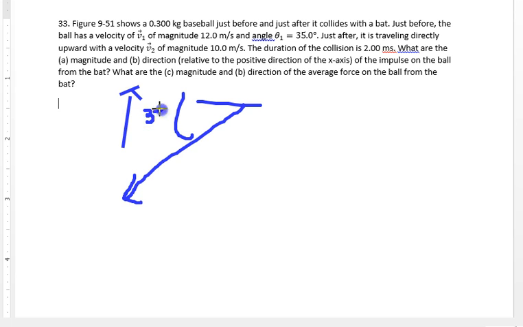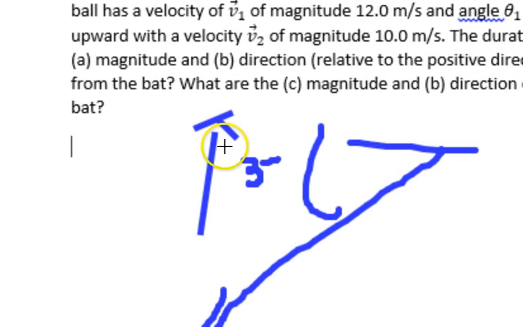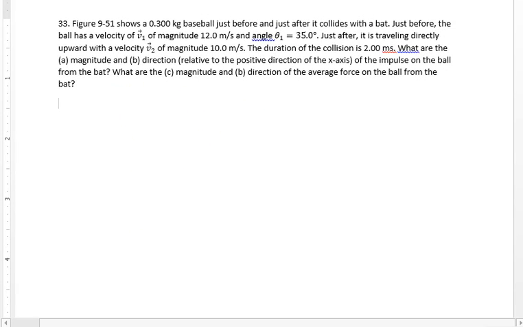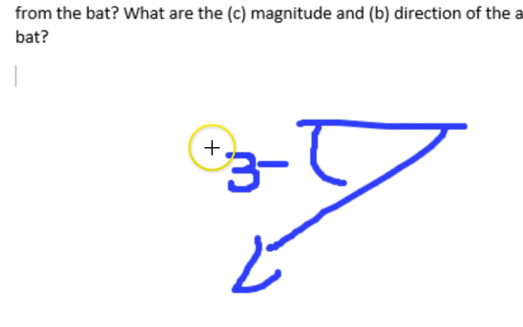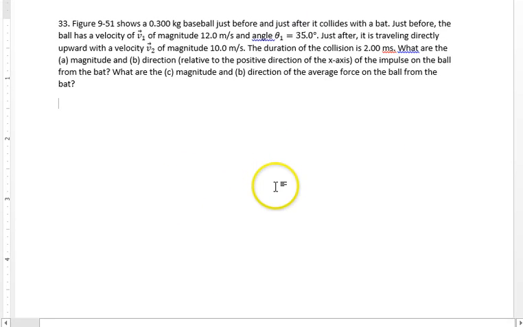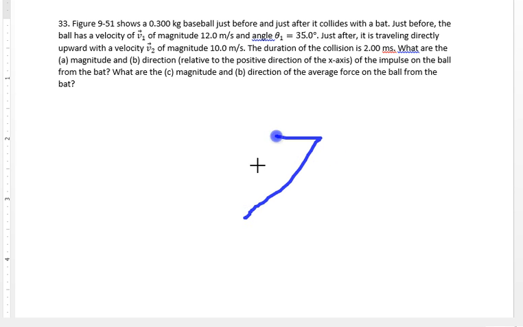That's 35 degrees. Okay. So we got 35 degrees right there. See if I can draw it without invoking the magnification. 35 degrees. Okay.